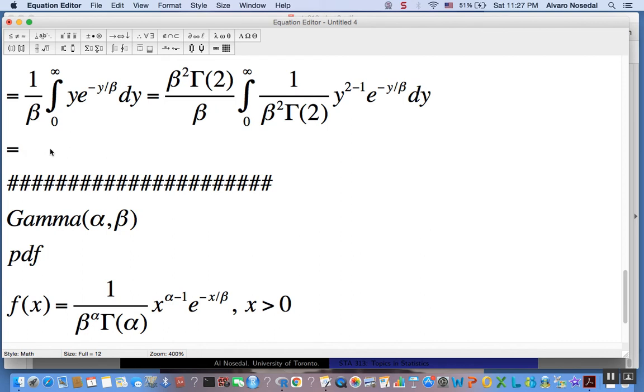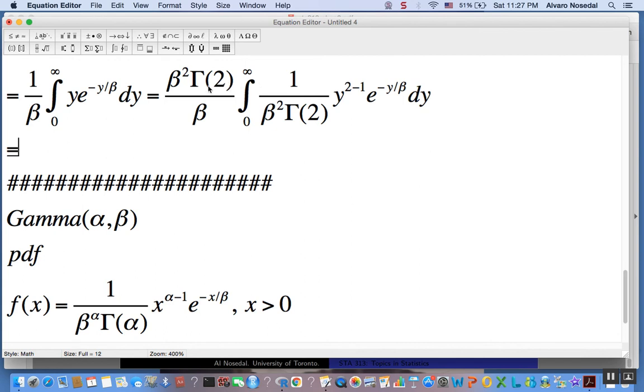So what we have here is beta squared divided by beta. That's just beta. And we know that the gamma function evaluated at a positive integer n is n minus 1 factorial.